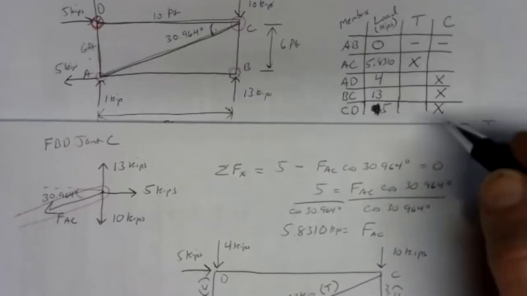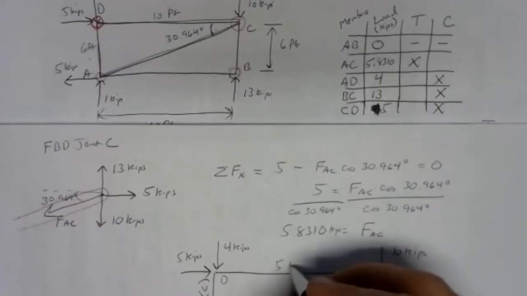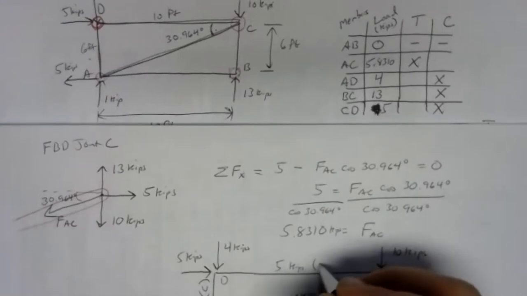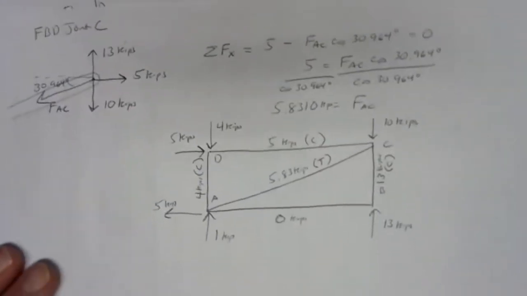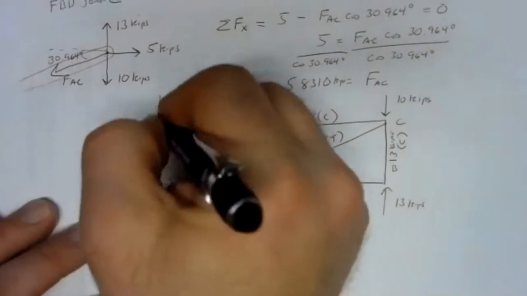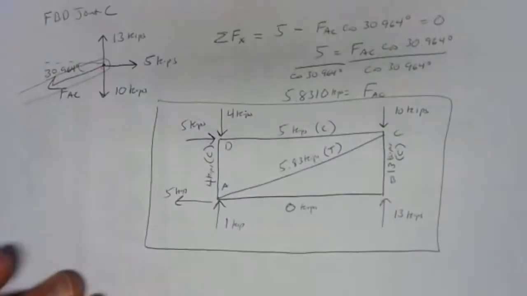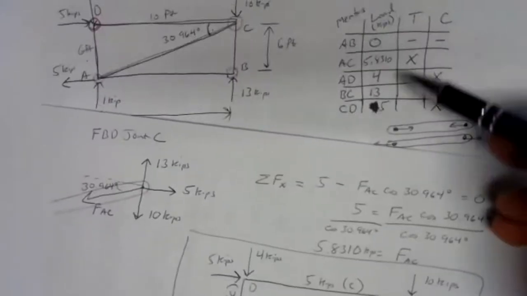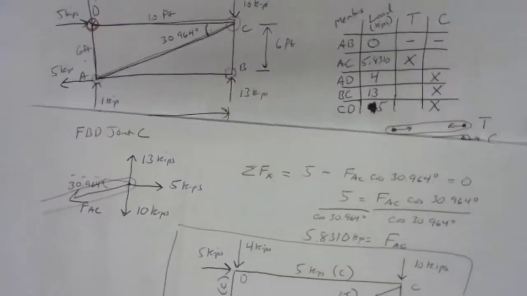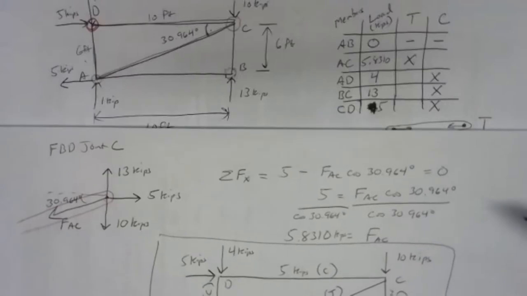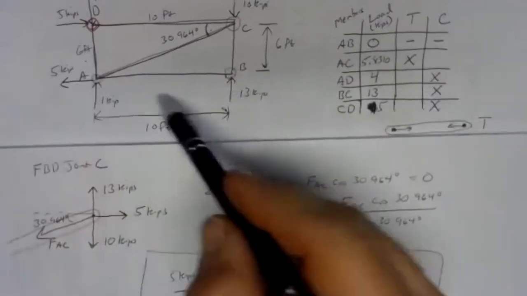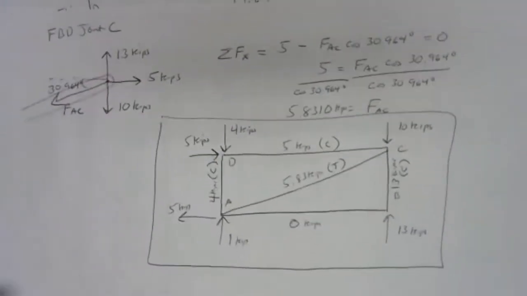Member CD, there we go, is 5 kips in compression. So that's our force summary diagram. That'd be a fine final answer for our problem. So would a table. If you redraw the table, round it to the right number of sig figs, that'd be a perfectly fine answer too, as long as somewhere else you've got your reaction forces written down.